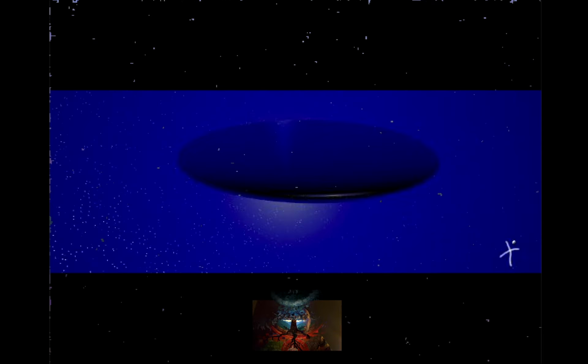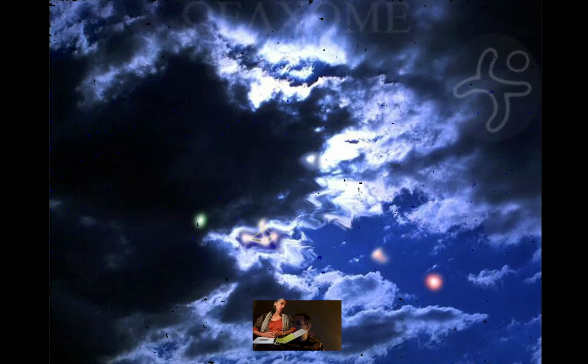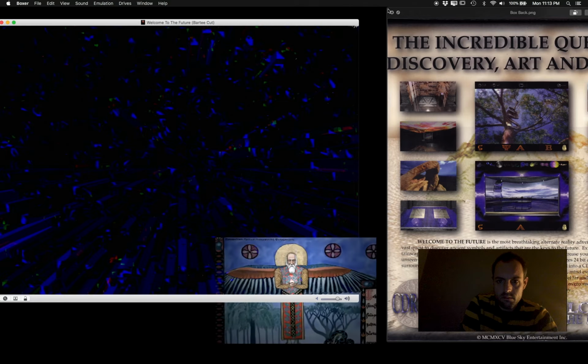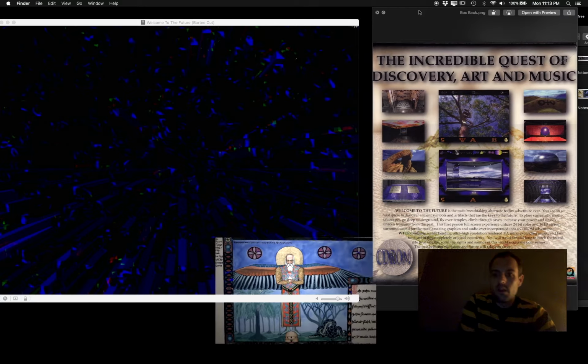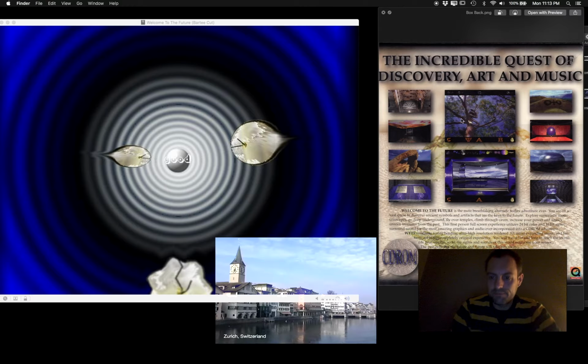It tells us this myth about these travelers that leave these symbols, and then there's this whole underworld, and it's like this quest of... actually, what does it say on the back of the box? The incredible quest of discovery, art, and music.